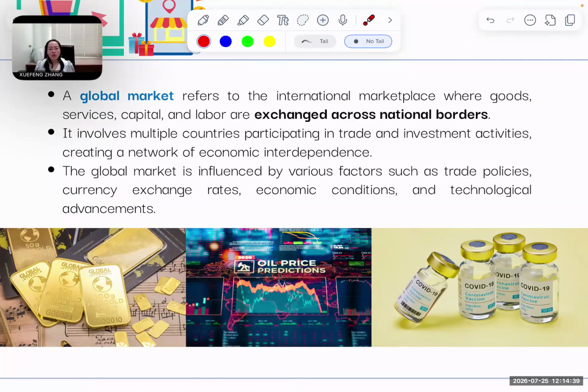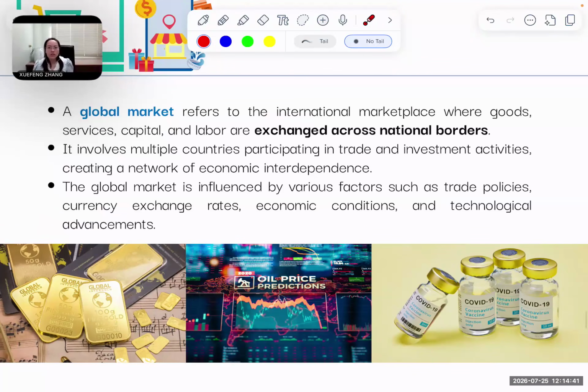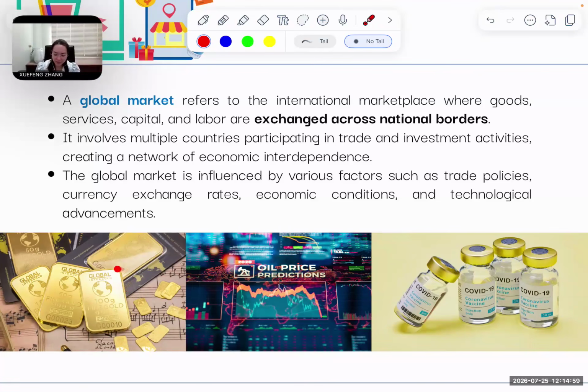We are now going global. A market doesn't stop at Thailand's border, right? Buyers and sellers connect across countries. Thailand sells rice to China, buys iPhones from the US, sells rubber to Germany, all connected. Okay, look at the three pictures. Gold, one global price, trades 24 hours a day everywhere. Oil, a barrel costs roughly the same whether you are in Bangkok, London, or Beijing.